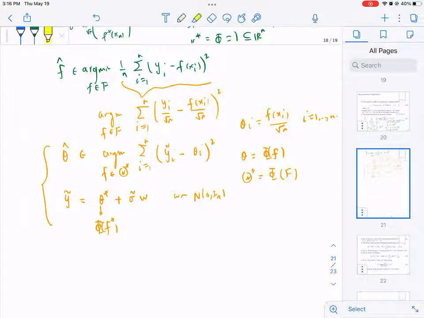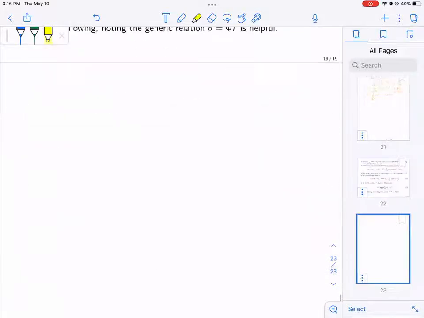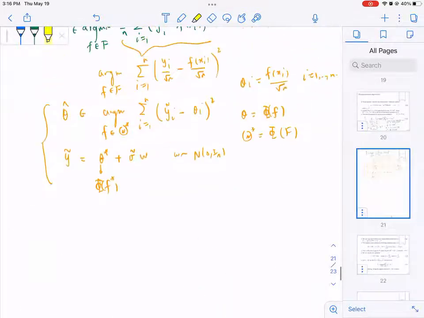And the only thing I have to worry about is the complexity of this set near this point locally, for which I'm going to use the metric entropy ideas. Okay, I guess we're out of time. Next time I'm going to come back and see how the metric entropies translate. We care about the metric entropy of theta star in L2.